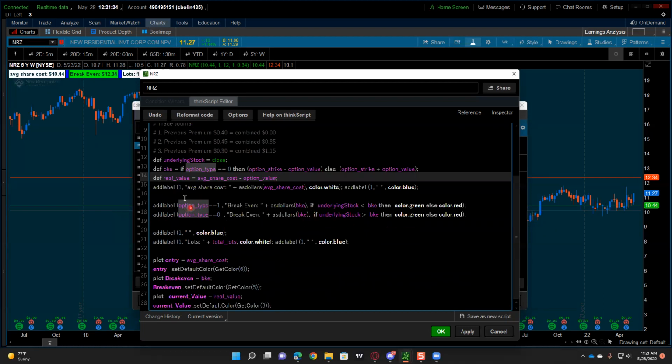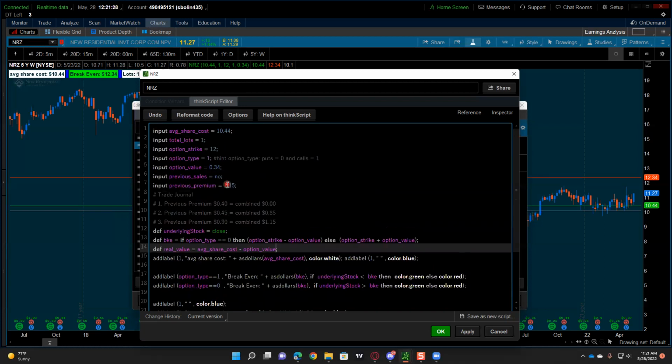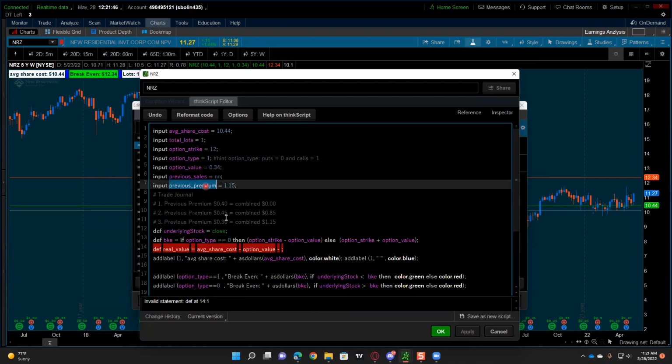See, and we got an issue with real value. This real value would only work because we're looking at it from the call side. But let's go ahead and just stick with the plan. We're also going to subtract previous premium.